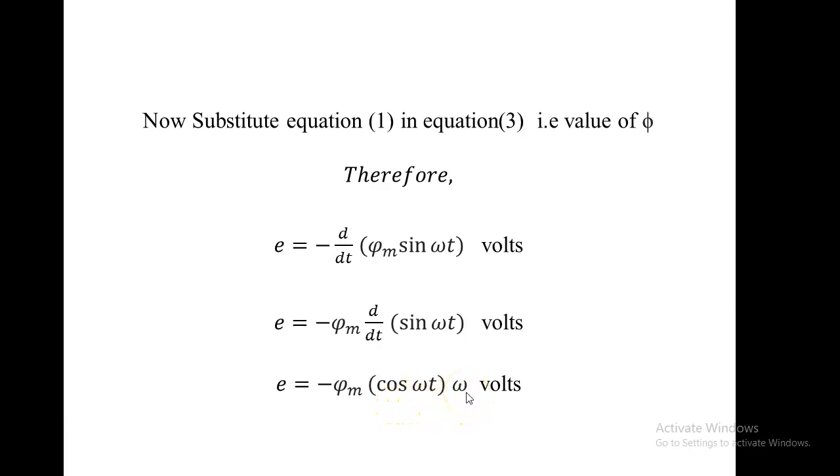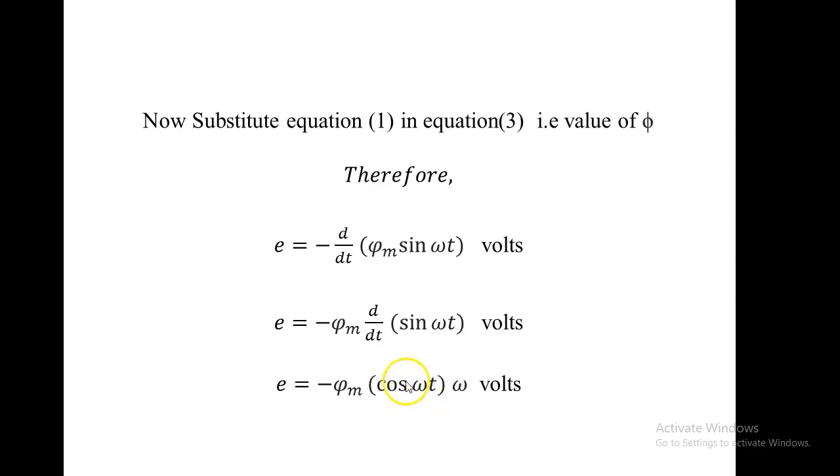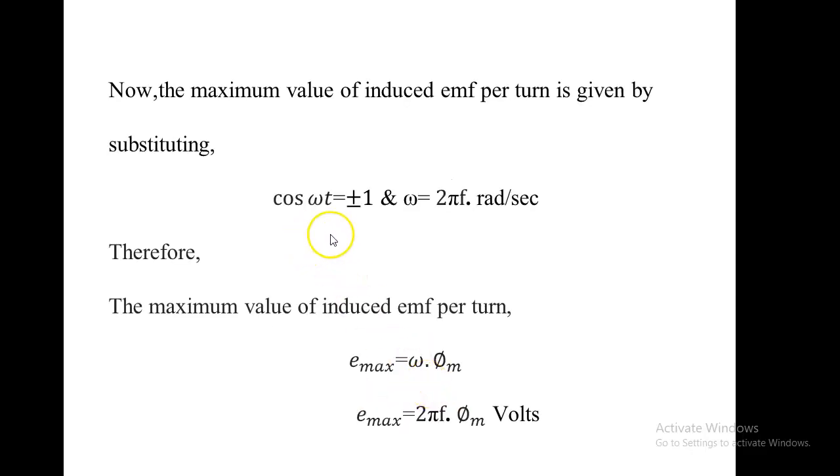This is the equation of induced EMF per turn. Now we have to calculate the maximum value of induced EMF per turn. In this equation put cos omega t as plus or minus 1, and omega, as we know, the angular velocity is given by 2 pi f radian per second.